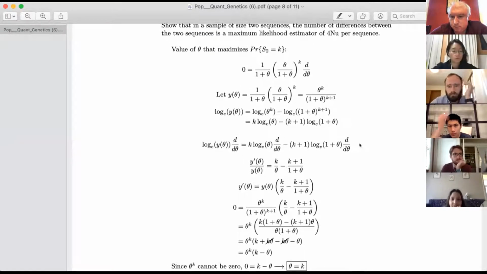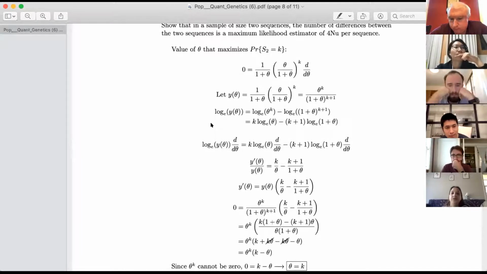So here I let y of theta be equal to this; I made it into one fraction, and then I took the log of the whole thing. When you take the logarithm, the exponent pops out. And then I did the derivative of both sides.